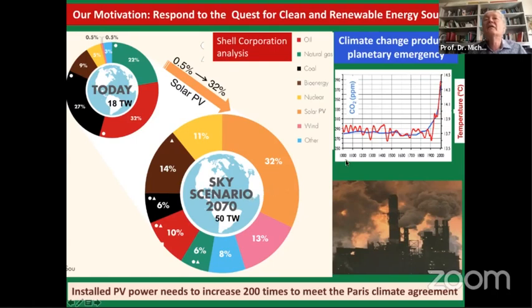And we need that. We need to replace, as you can see in the pie chart here, the dark area, that's the fossil fuels. They go down and the renewables have to go up. But then the pie is also growing. So this makes a factor of 200 for the solar PV. And that's a challenge. So how can we meet that challenge?